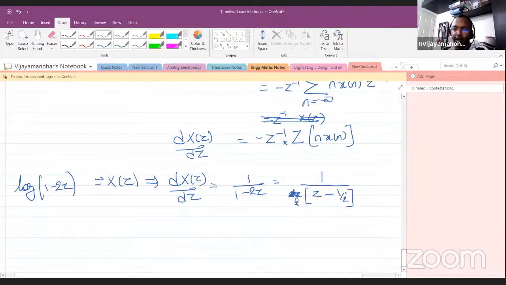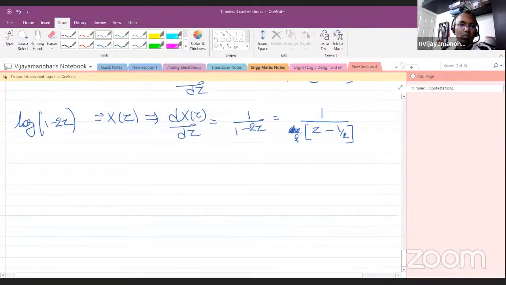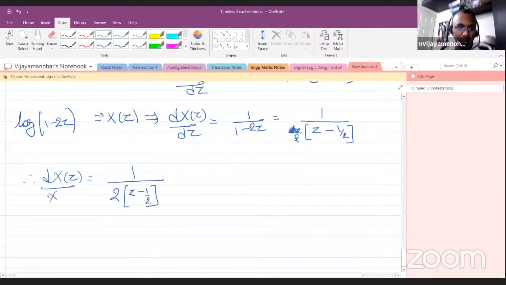This is z minus half. So therefore dX of z by dz is 1 by 2 into z minus half. Correct? I think this should be 1 by 2 z inverse, I think. No, it's 1 by 2 z.